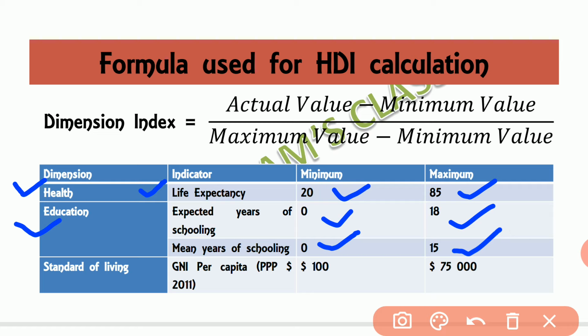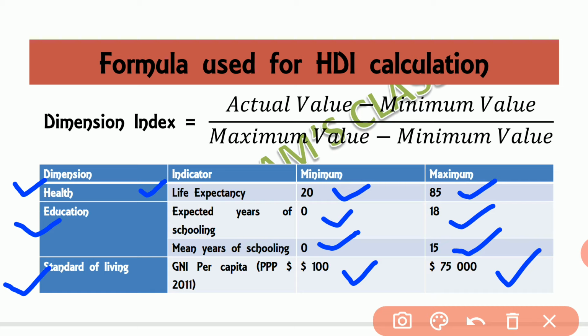And for the third dimension, that is standard of living, the GNI per capita is taken as indicator, and the minimum value taken as $100, whereas maximum goalpost is $75,000.